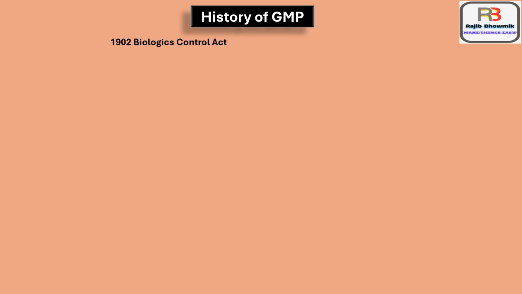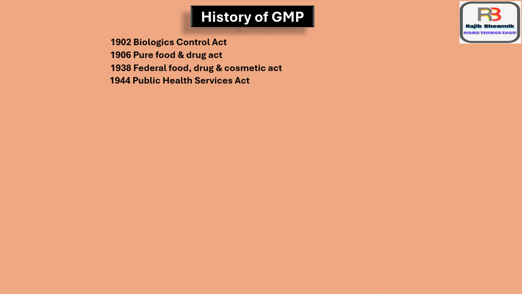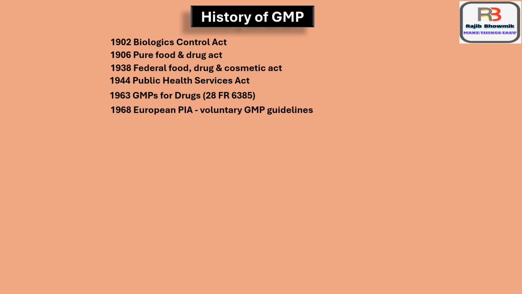Let us start. 1902 Biologics Control Act. 1906 Pure Food and Drug Act. 1938 Federal Food, Drug and Cosmetic Act by FDA. 1944 Public Health Service Act. 1963 GMPs for Drugs 28 FR 6385. 1968 European Pharmaceutical Industries Association published voluntary GMP guidelines. 1969 WHO published GMP guidelines.